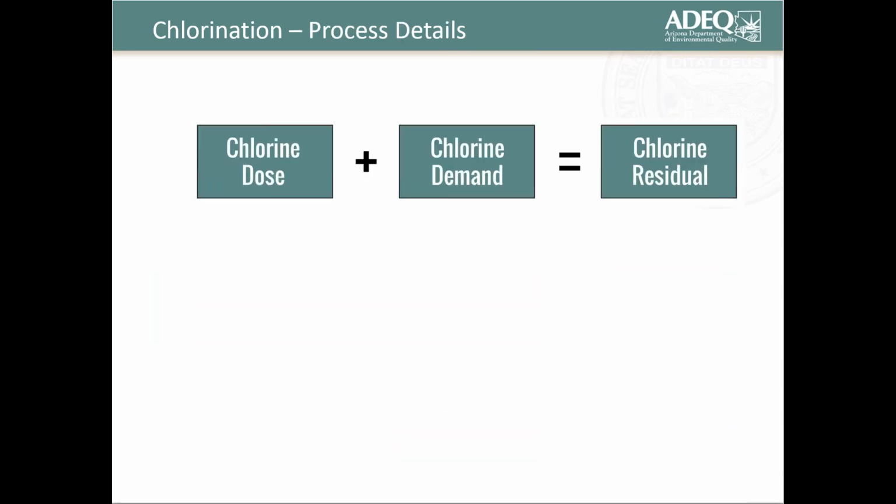Now let's look at some of the details of this process. There are some key terms that you need to understand. You have the chlorine dose. Then we've also got chlorine demand. And then we've got chlorine residual.